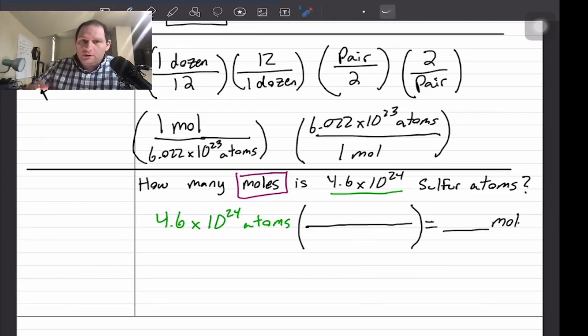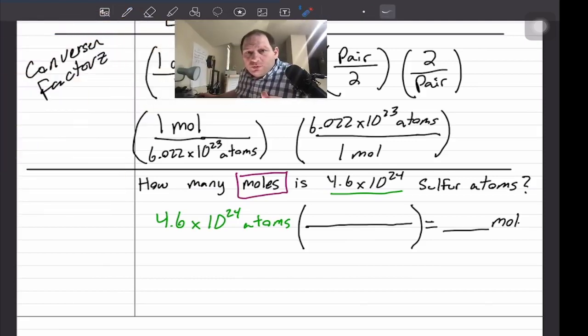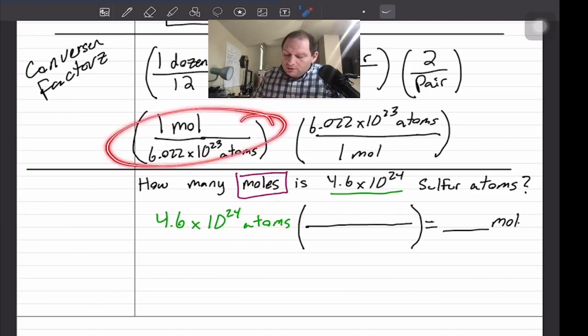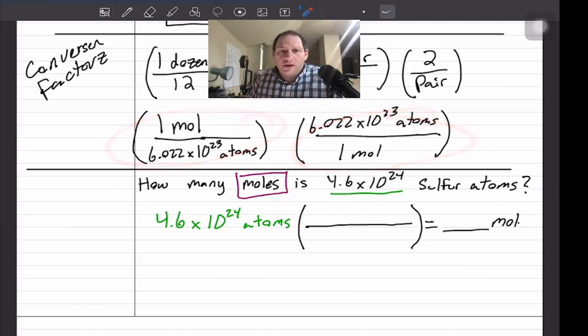Here's the part you have to focus on. If we're starting with atoms, we want to find a way to cancel atoms out to get rid of it. I can pick this one or this one as a conversion factor. Either one.